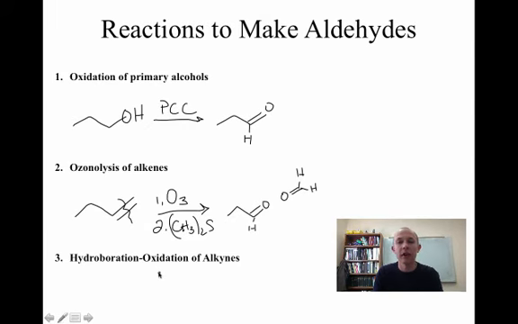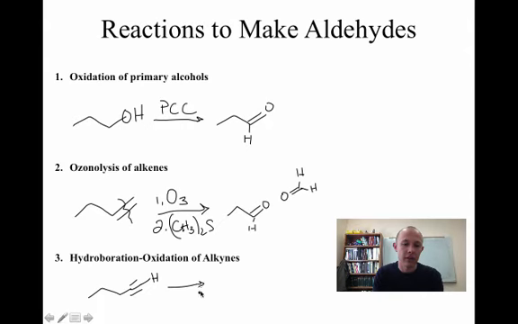The last reaction I'm not going to really spend a lot of time talking about. This was something that we skipped in reactions of alkynes, which we didn't really talk about. But you can understand hydroboration of alkynes very similar to hydroboration oxidation of alkenes, right?